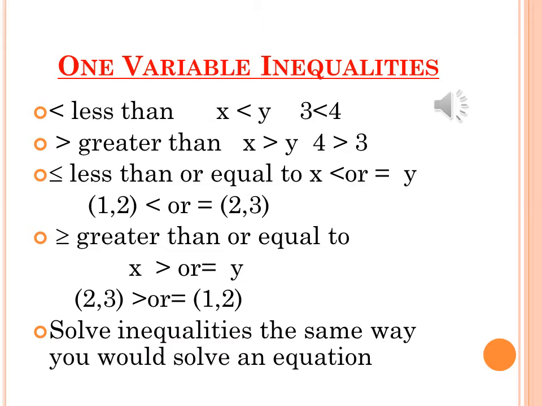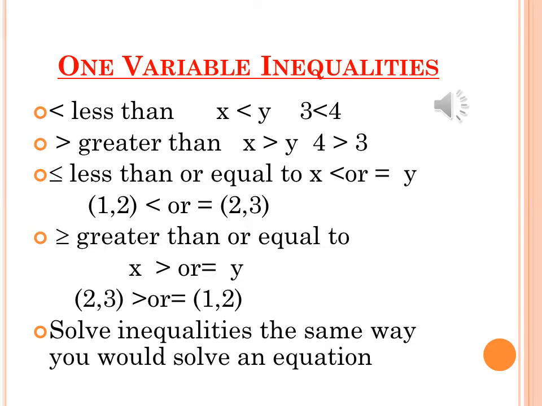Second symbol, greater than: x greater than y, meaning 5 greater than 3. Third symbol, x less than or equal to y, meaning less than or equal, so maybe 5 less than or equal to 5, or 5 less than or equal to 6.